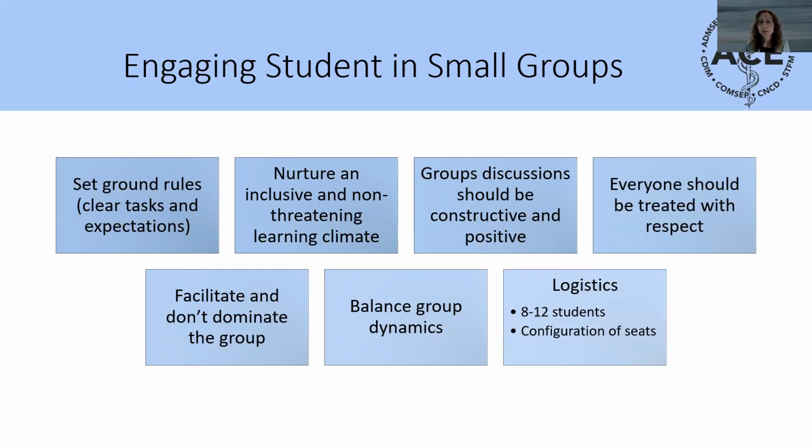I mean, what would be the expectations? What are the tasks? And every time I teach in a small group, I always start with the learning objectives. What are we going to learn today? What topics are we going to discuss? And also the structure of the small group.